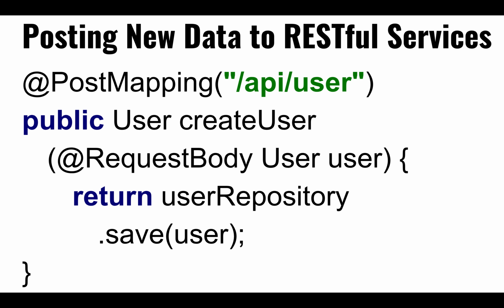And the repository, just like it has .findAll, .findById, .delete, .count, it has a .save. .save will do an insert into a database. It will take your user object or your widget or whatever, and it'll store it in the database. It'll do an insert.